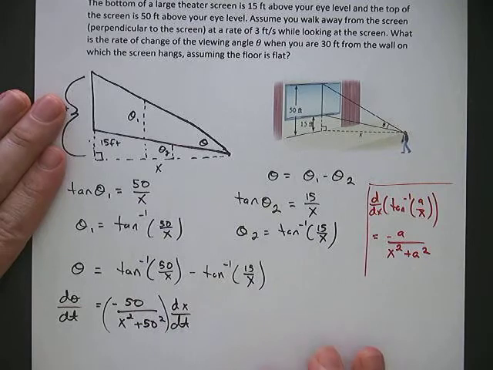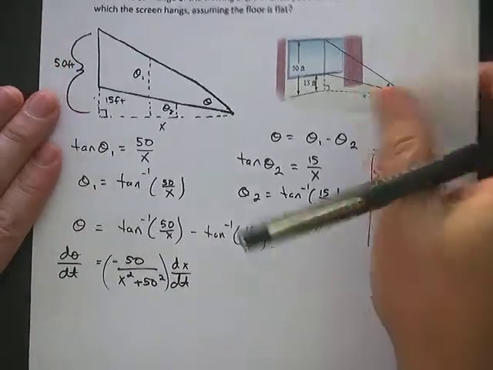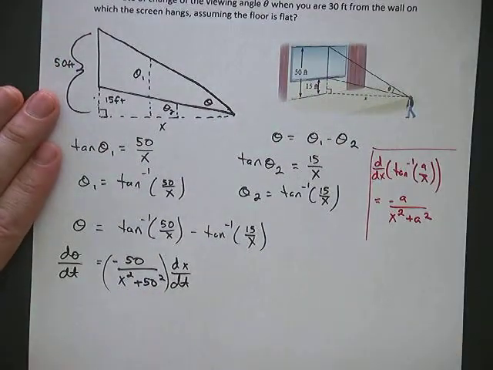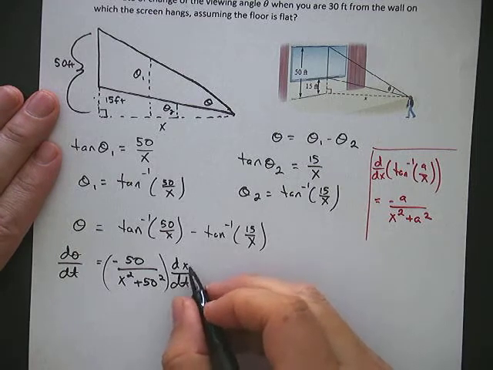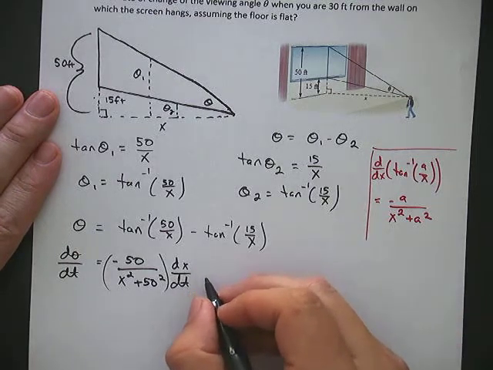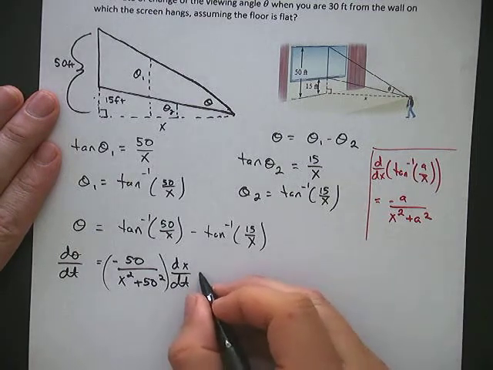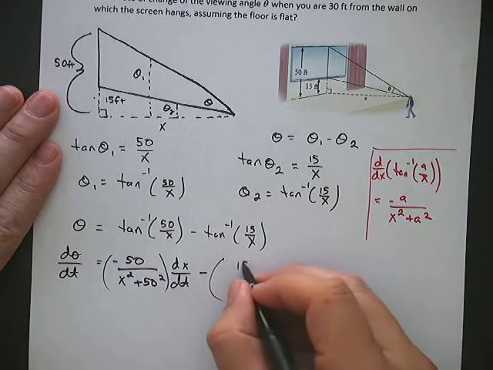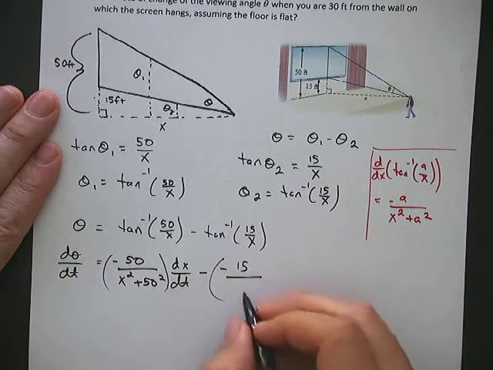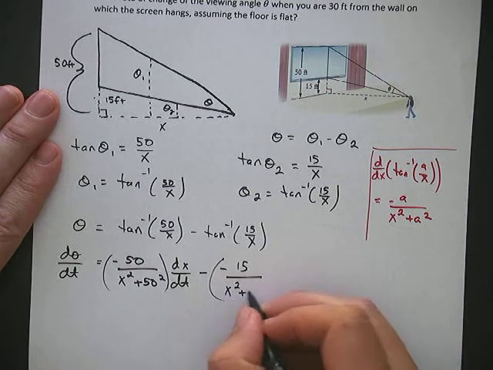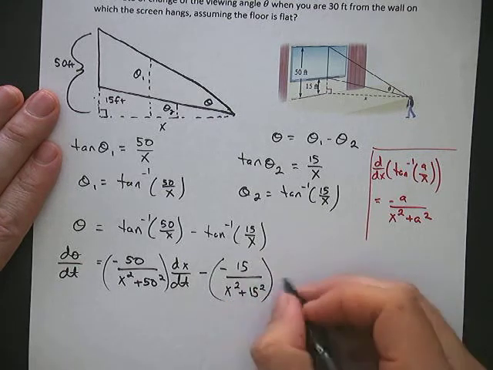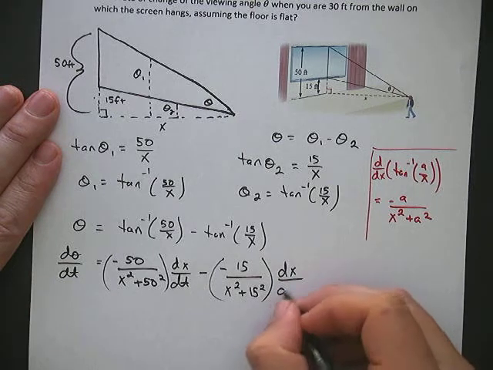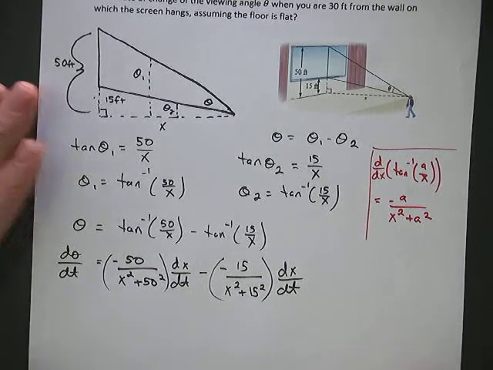This is a related rate, so we put the dx dt on the outside because we're taking the derivative of x with respect to t. Minus, and we do the same thing, except it's 15 for a, so negative 15 over x squared plus 15 squared, and this is also times dx over dt.